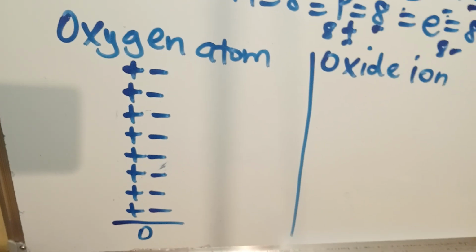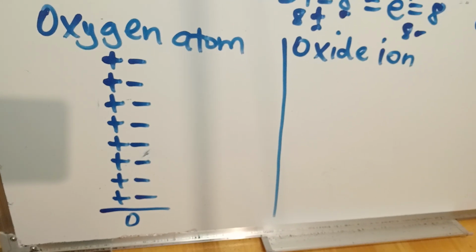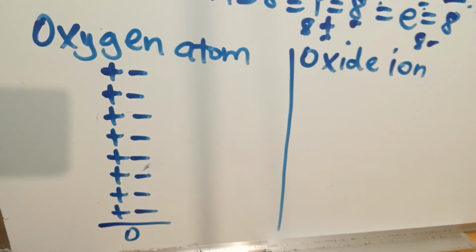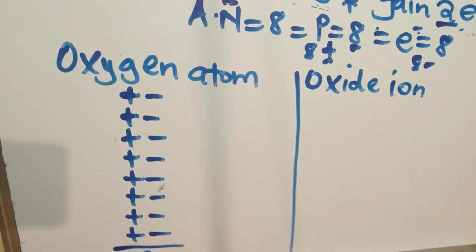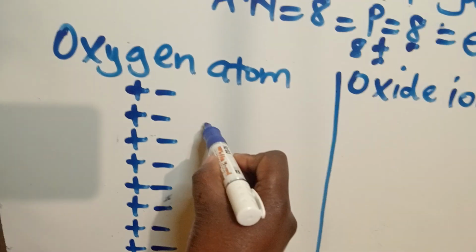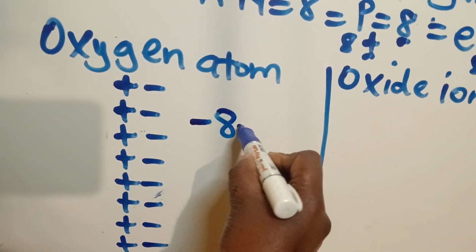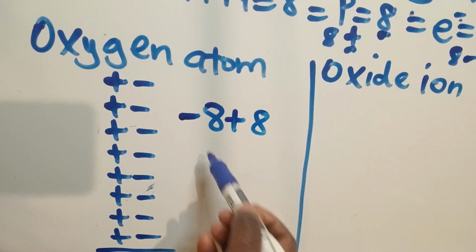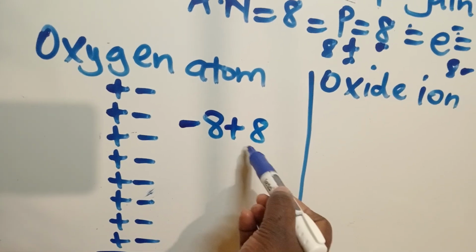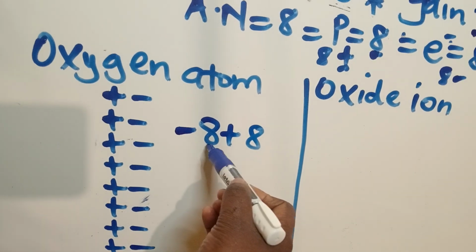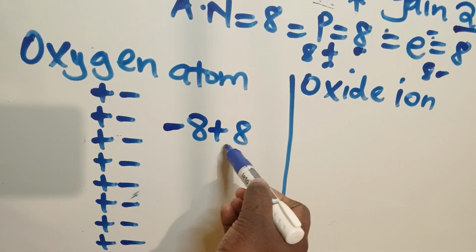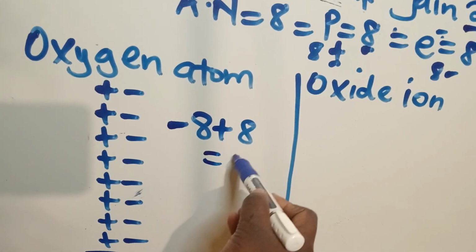The overall charge is 0. And I said you can still try mathematically. Mathematically, it is said to have negative 8 plus 8. You have a debt of 8 and you have 8 shillings in your pocket. You pay the debt of 8, and with the 8 shillings you remain with a 0.